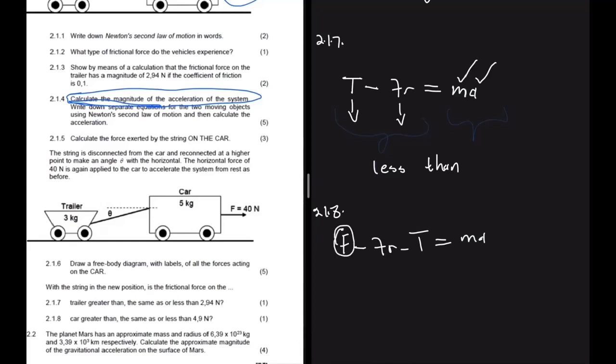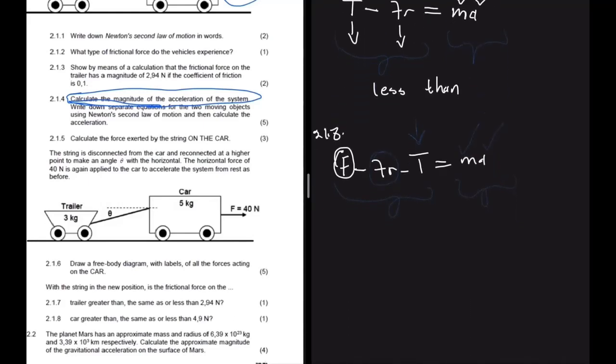And then here we have the tension that is going down, and M is still the same, and the acceleration is still the same. So how does this frictional force have to change such that this equality is maintained? The frictional force has to be greater than, right? So let's have greater than for the frictional force.